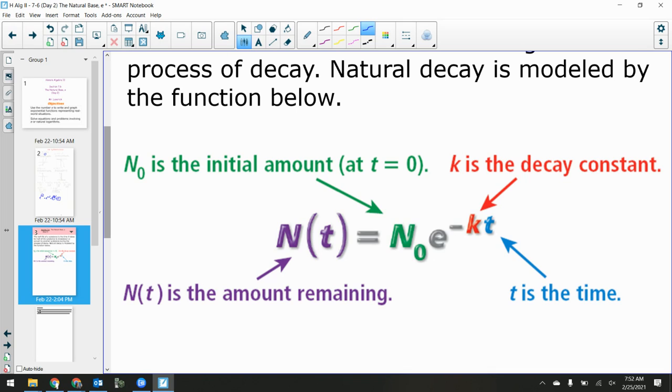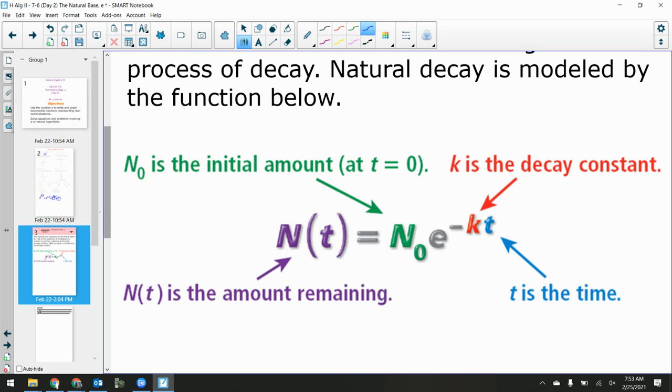Now, you may be thinking, okay, if I've got 50 grams of something, and I want to know how long it's going to take to decay down to 25 grams, well, that's one half-life cycle, right? So if I give you the half-life, you just need to calculate that's one half-life cycle. Say it's 10 days.